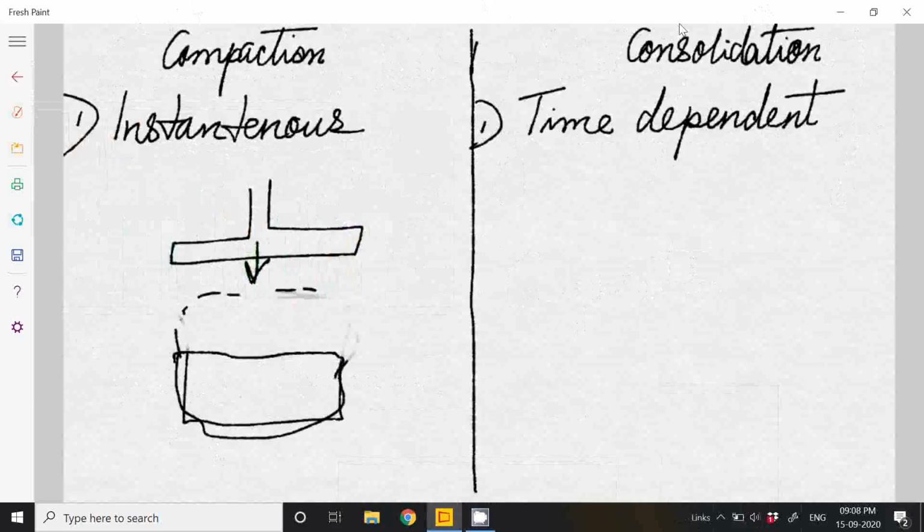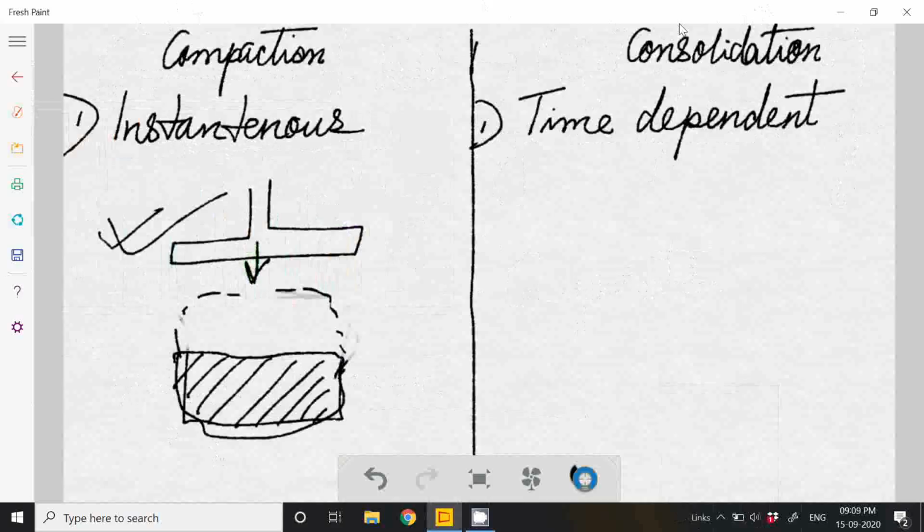Initially it was here, now it is here. Consolidation is not instant, it happens over a long period of time, but compaction is instant.